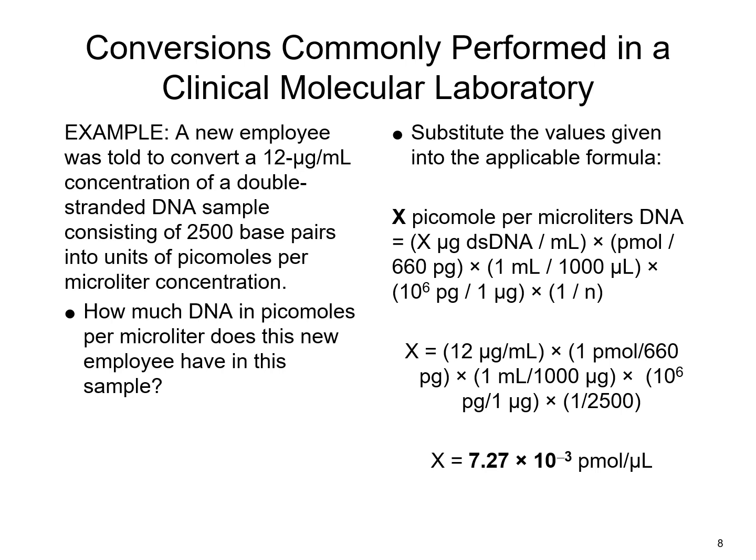Again, we're using double-stranded DNA, so we're going to use the picomoles per 660 for that molecular weight. Plug that all into that formula, and when we do that math, it gives us a final number of 7.27 times 10 to the negative 3 picomoles per microliter.